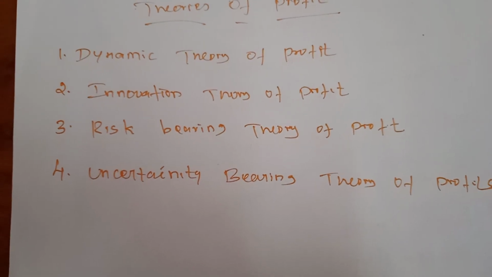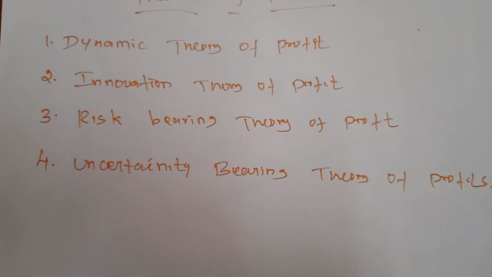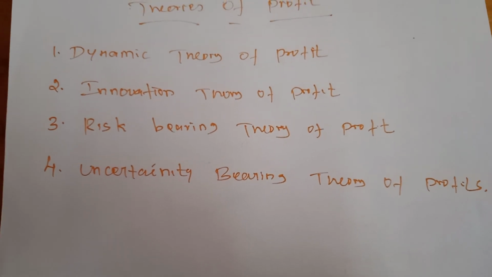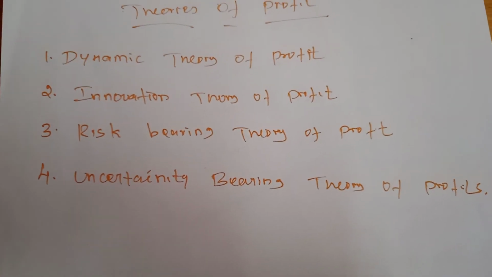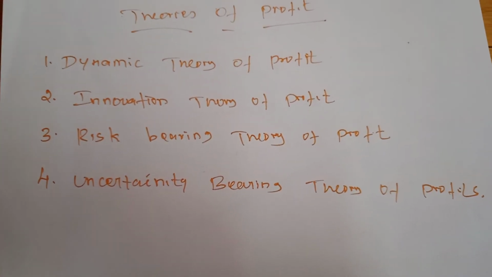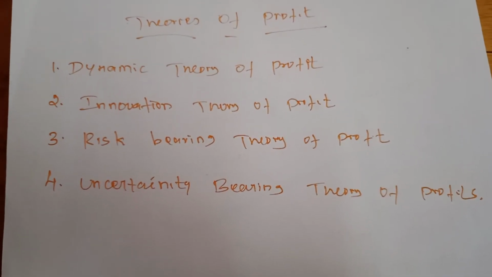When we are producing commodities in a business organization or production unit, some risks may arise, such as fire accidents, theft of commodities, and natural disasters. Hence, they are insurable.